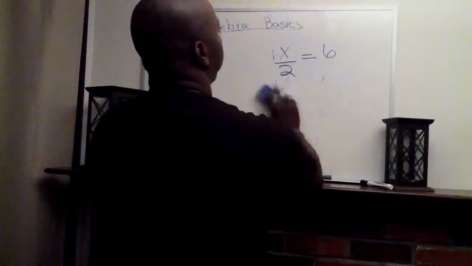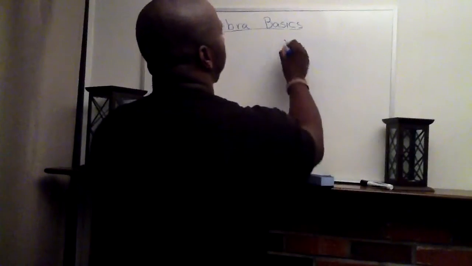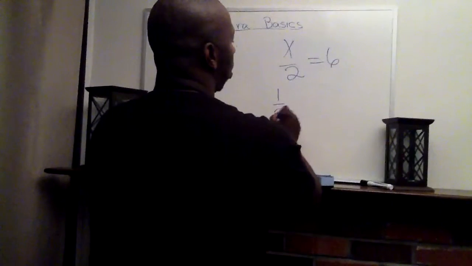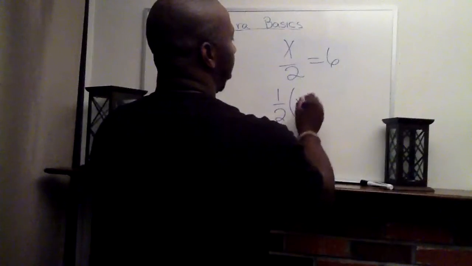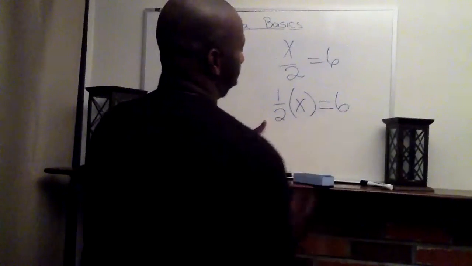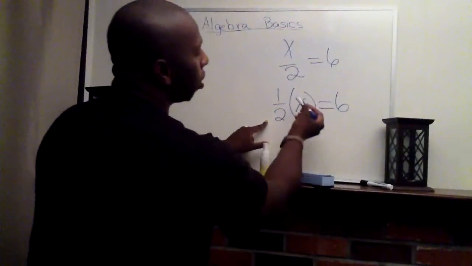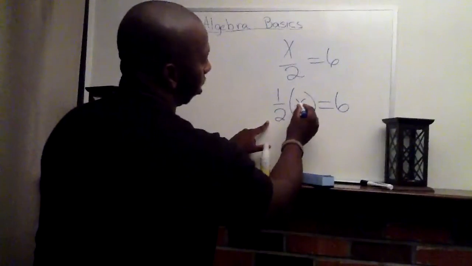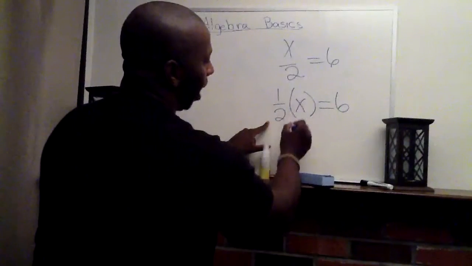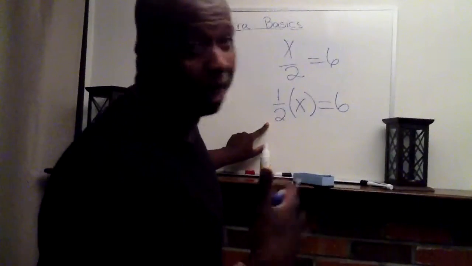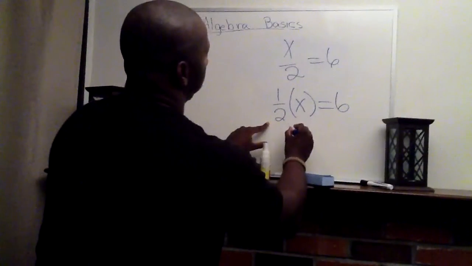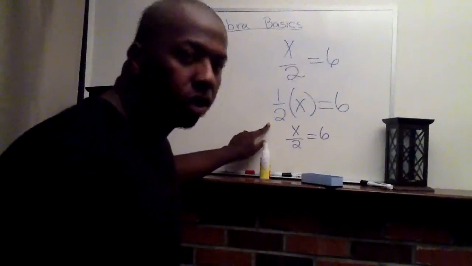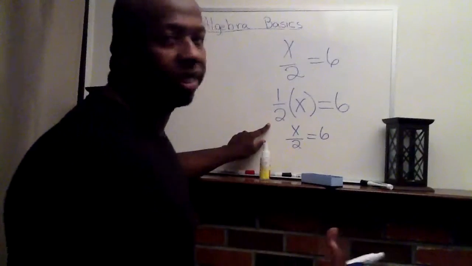So, let's backtrack a little bit. x over 2 is equal to 6. It's the same thing as saying 1/2 times x equals 6. The reason is because all we're doing is multiplying that x by the number on the top. So, we have 1 times x, which I told y'all is the same thing as x, over 2 is equal to 6. So that's just showing you, it's the same thing.